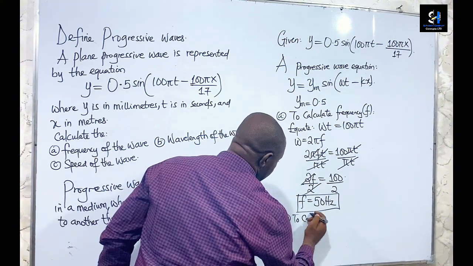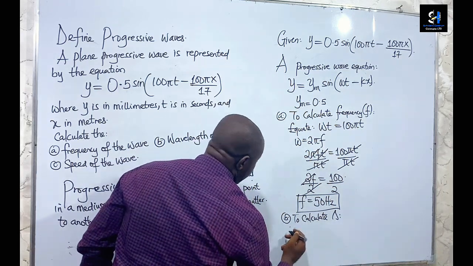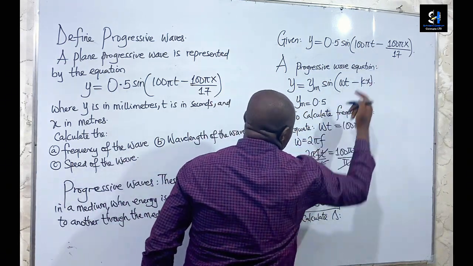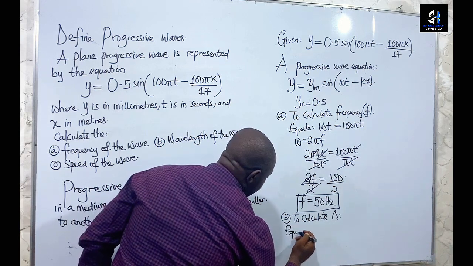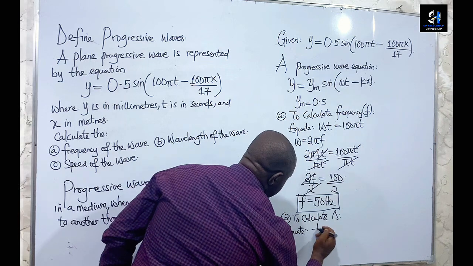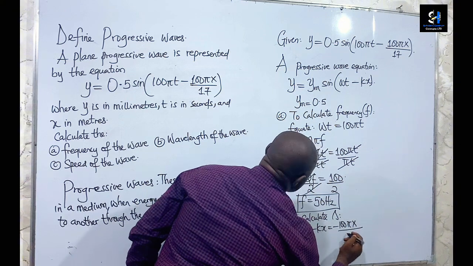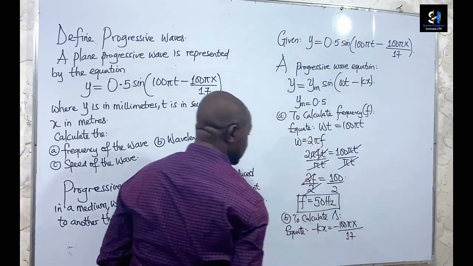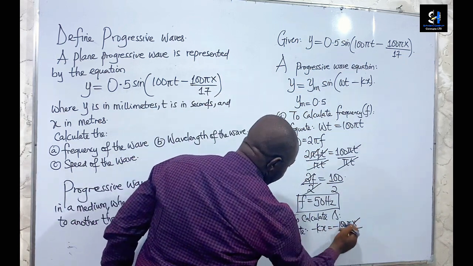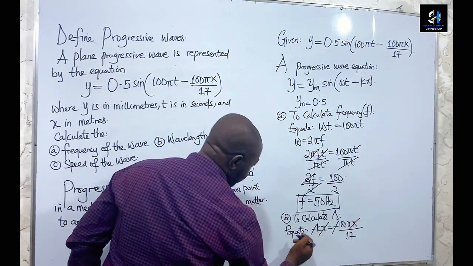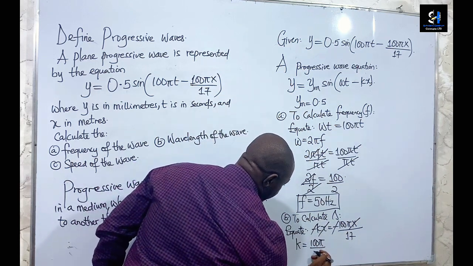So to calculate lambda, let's equate negative kx to negative 100 pi x over 17. We can see x on both sides, and minus on both sides, so we have k equals 100 pi over 17.